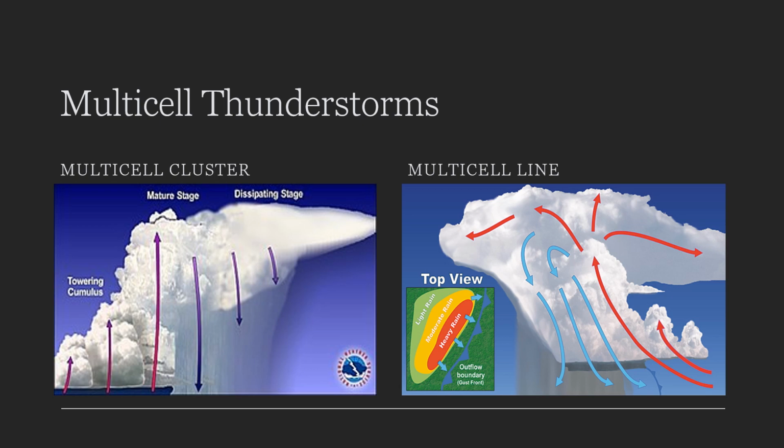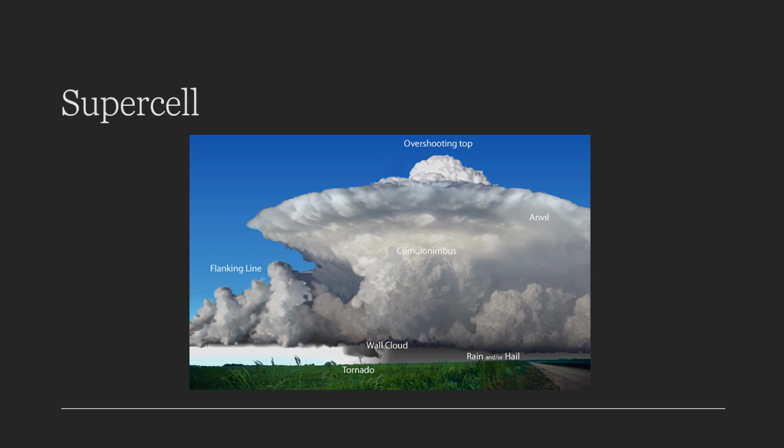Lastly, are supercell thunderstorms. Alright, supercell storms. This thunderstorm is an often dangerous convective storm that consists primarily of a single steady rotating updraft that persists for an extended period of time.